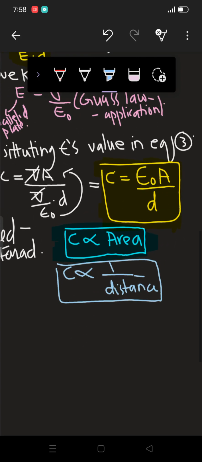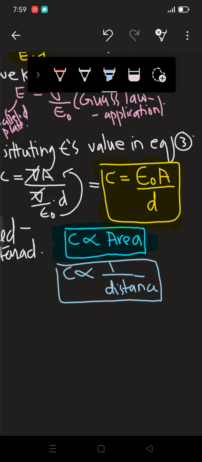So if the area of the plates is more, the capacitance would be more as well, and if the distance between the two plates of the capacitor is higher, the capacitance value would be lower, because it is inversely proportional.